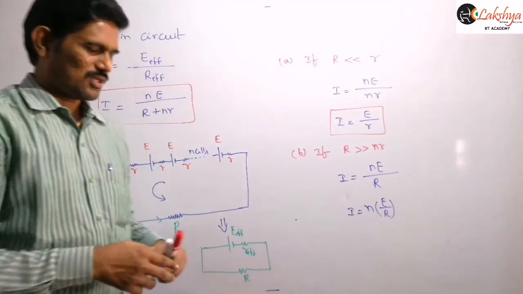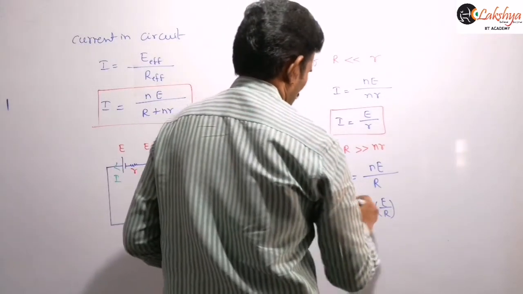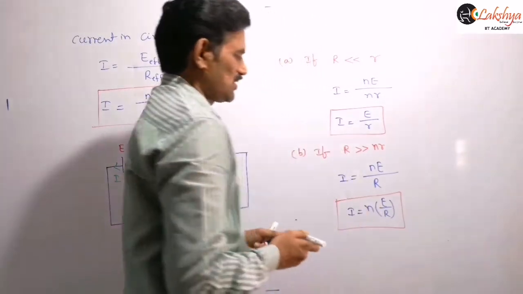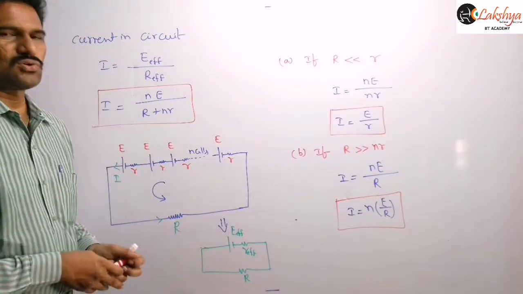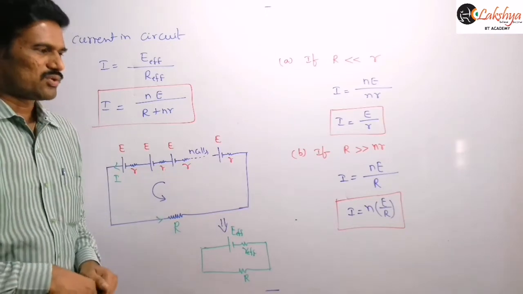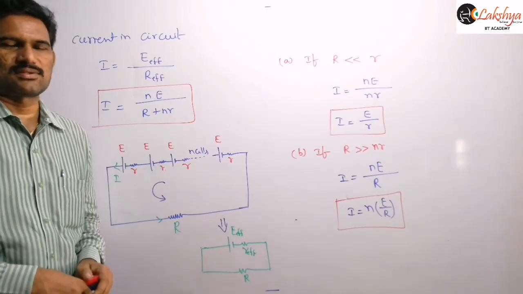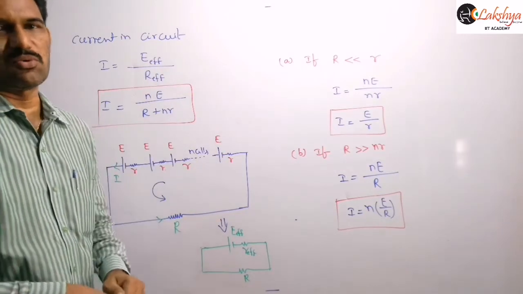So from this we can observe that when you are increasing the number of cells, automatically the current flowing through the external resistance also increases. If only 2 cells are there in that circuit, 2E by R you will get. If 100 cells are connected in series, then 100 into E by R. So current will increase if you are increasing the number of cells here.